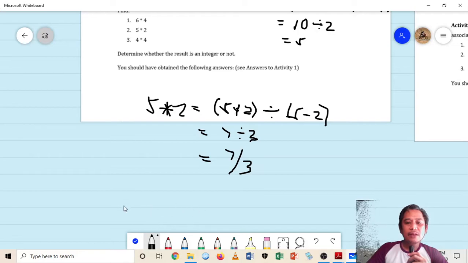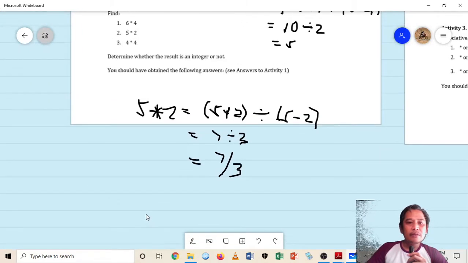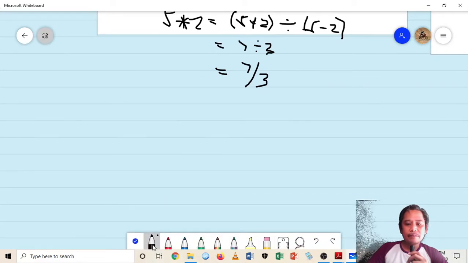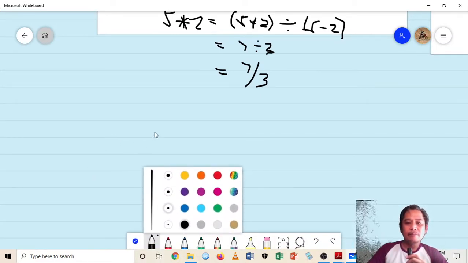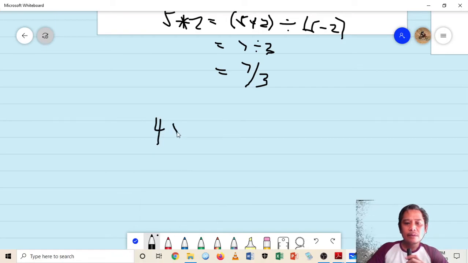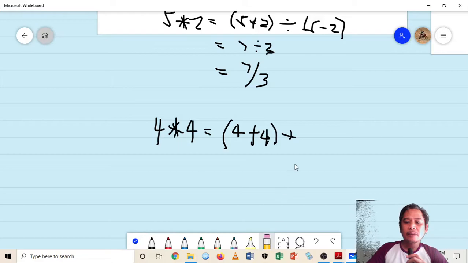Then in number 3, you have 4 operation 4. By definition of the operation, we have 4 plus 4 divided by 4 minus 4.